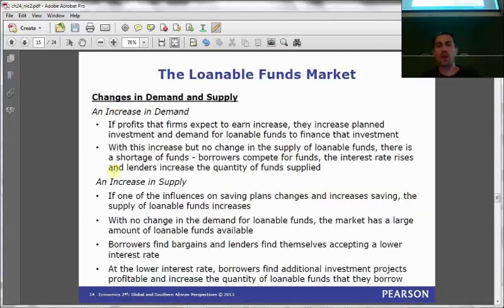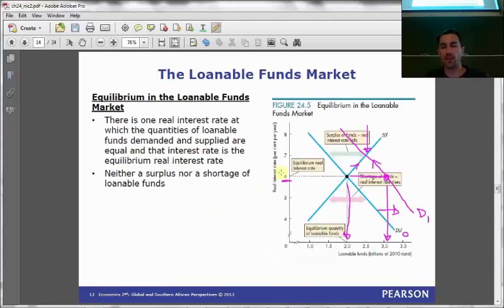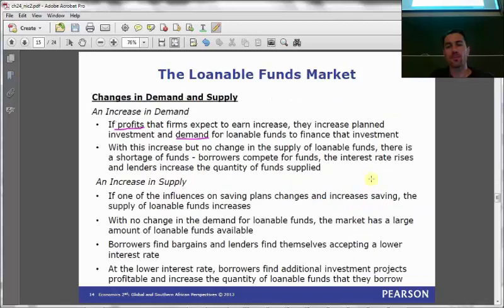So that was what our little statement here was describing. With an increase, okay, so if profits are increasing, there's an increase in demand. Profits increase, demand increases. With that increase and no change in the supply, there is a shortage of funds. So we have a shortage of funds. Borrowers compete for funds.